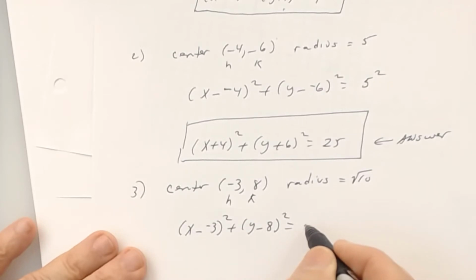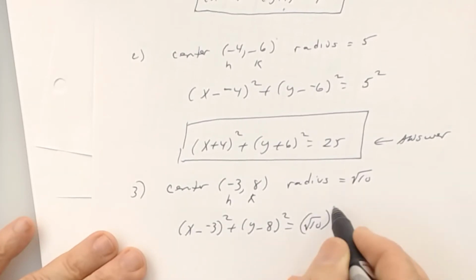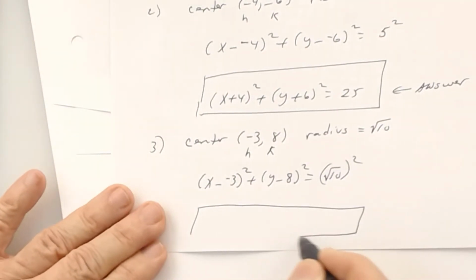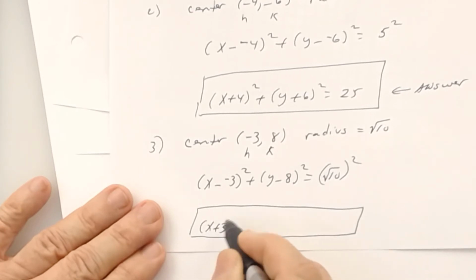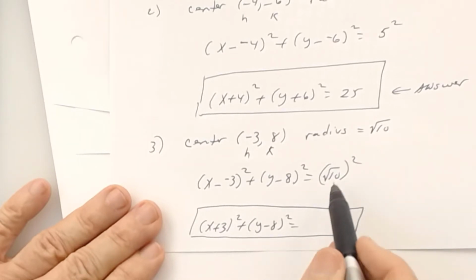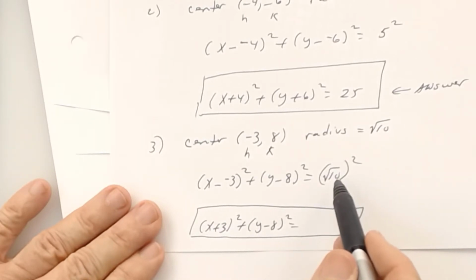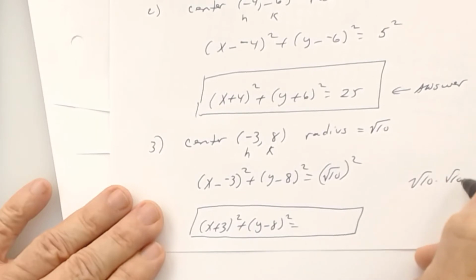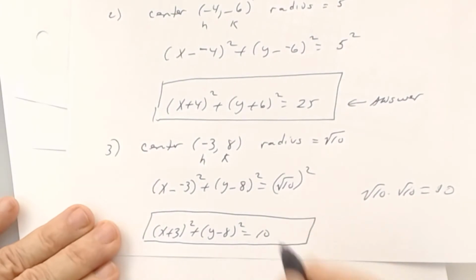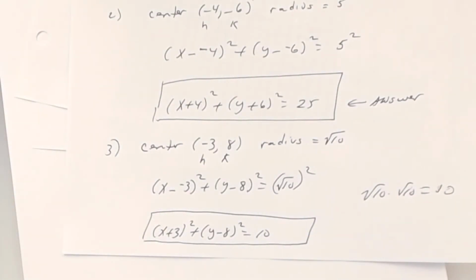What's the radius? Square root of 10, but I got to square that, right? Now the answer will be (x plus 3) squared plus (y minus 8) squared equals, let's see if you remember that one, 10. The square root of 10 times the square root of 10 is what? Square root of 100, which is 10. That's your answer. So (x plus 3) squared plus (y minus 8) squared equals 10.